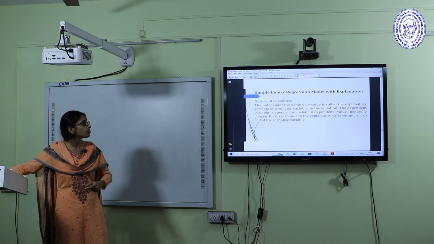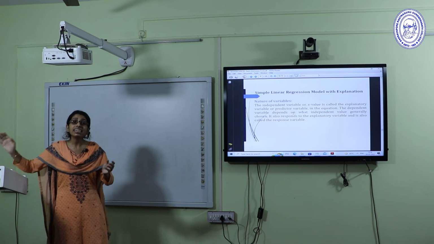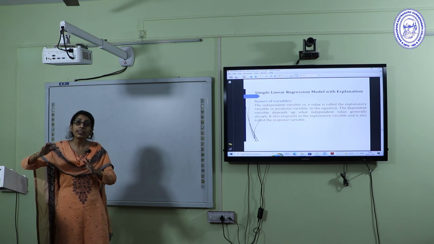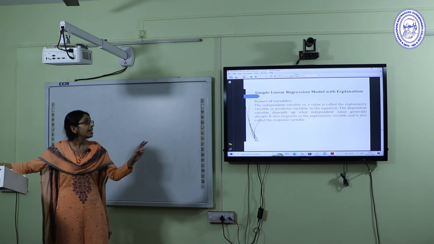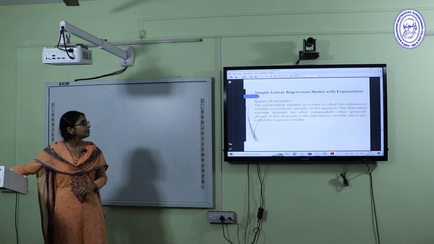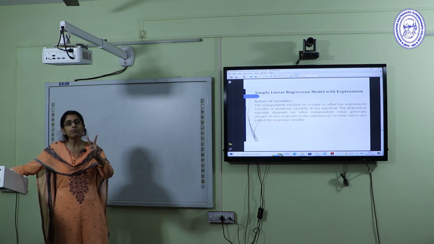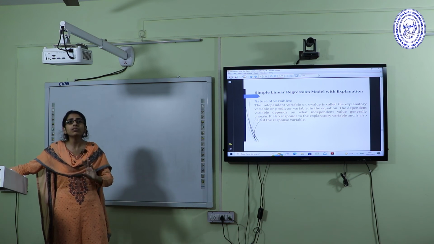And the dependent variable, your Y variable, depends on the independent X variable. It is called the response variable or dependent variable. That is the two kinds of variables: one predictor and one response. These are the two kinds of variables you need for your study.